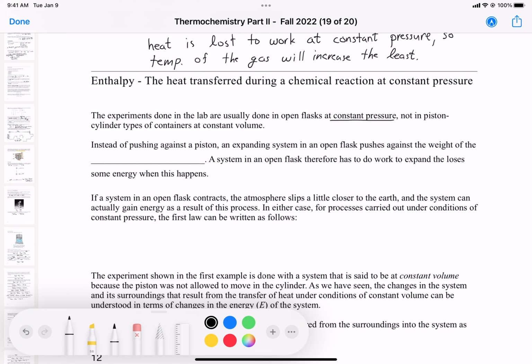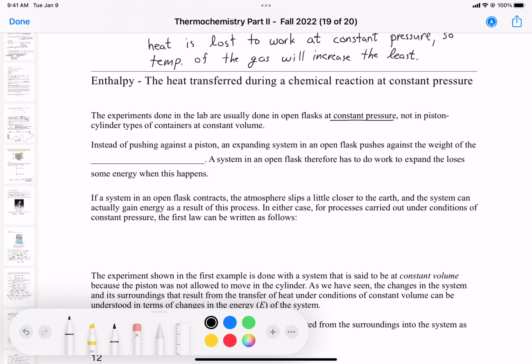Okay, so let's talk about that now. Instead of pushing against the piston, so instead of doing this gas example, in a chemical reaction, the expanding system will push against the weight of the atmosphere in an open flask. So in an open flask, there's going to be air around it.